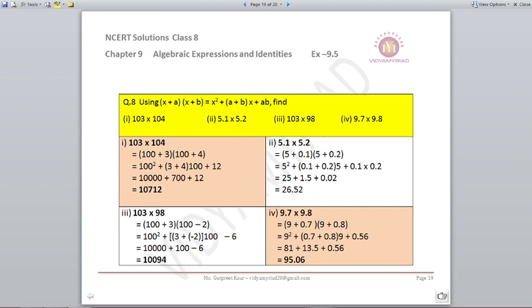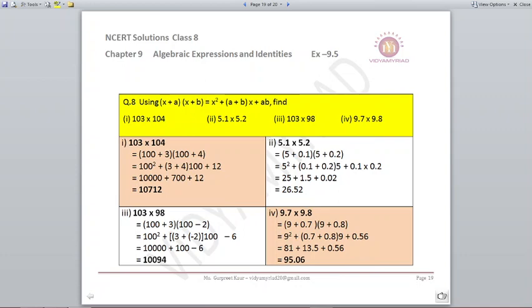Now using x plus a into x plus b is equal to x square plus a plus b into x plus ab, find the values of. Now we are given the question 103 into 104. We will convert it into first x plus a into x plus b form, and then we will apply the formula.